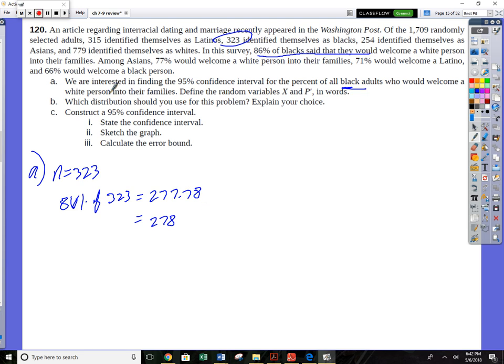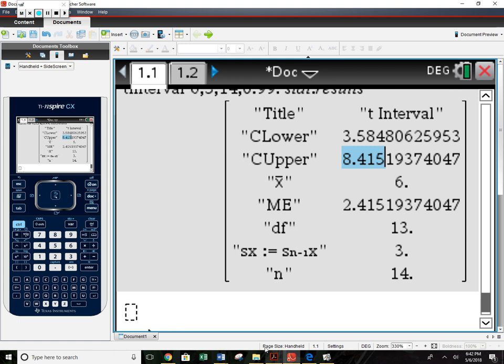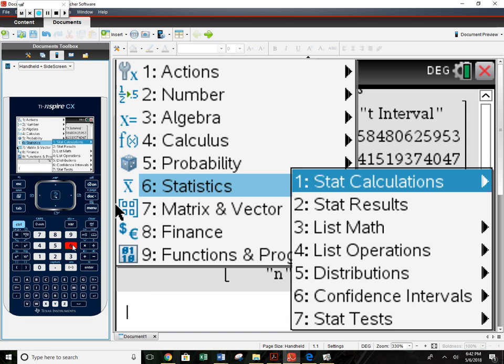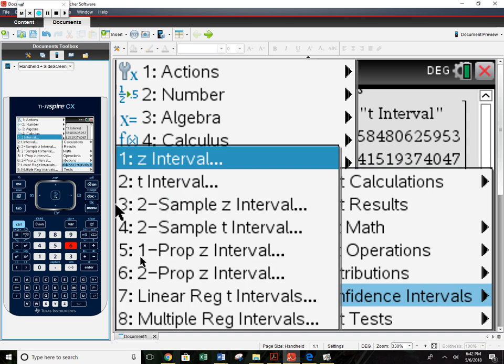Okay, so here's what I want. We need a 95% confidence interval, but this is a proportion, so this is totally different. So on your calculator, you are going to go menu 6 confidence interval. Okay, now it is not a z-test, so we don't have a standard deviation.